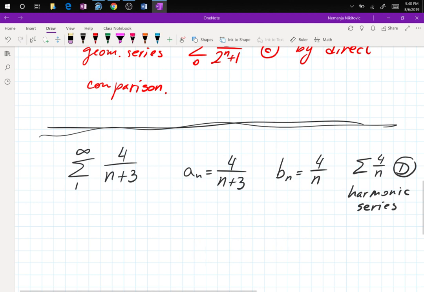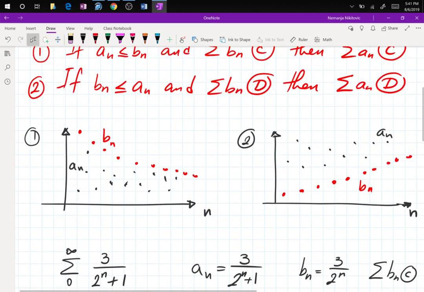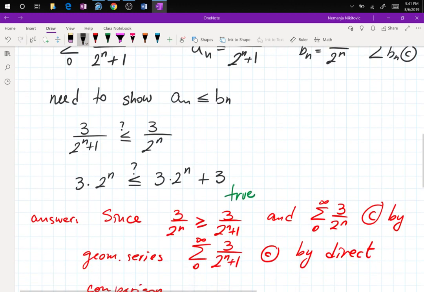So we are expecting this to diverge, which means I need to show that bn is bigger than an. No. bn needs to be smaller than an, needs to be underneath.